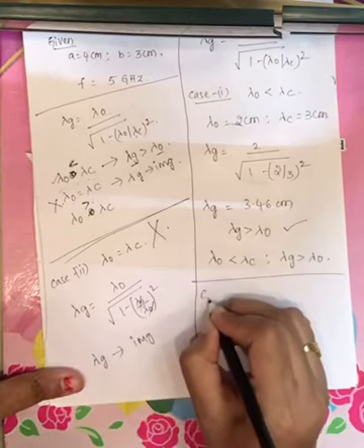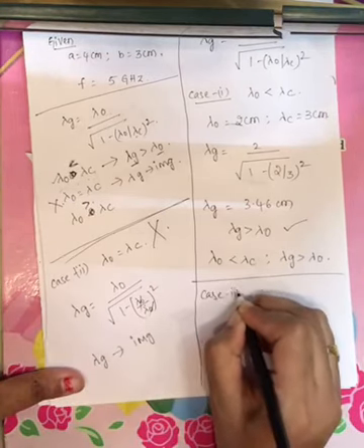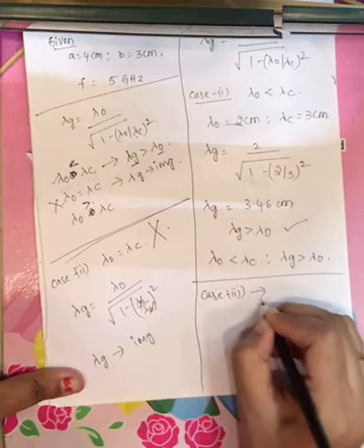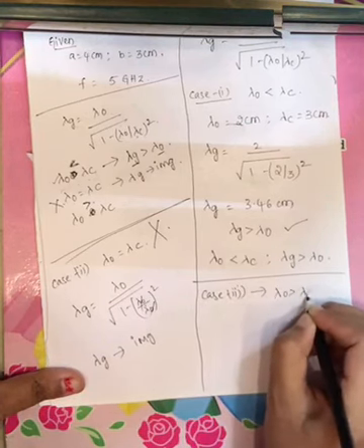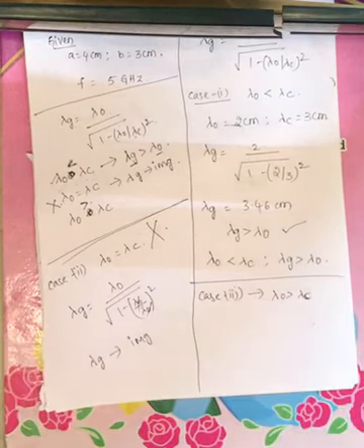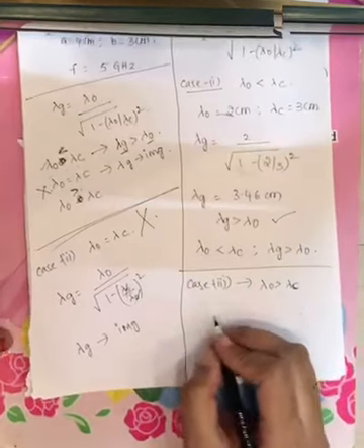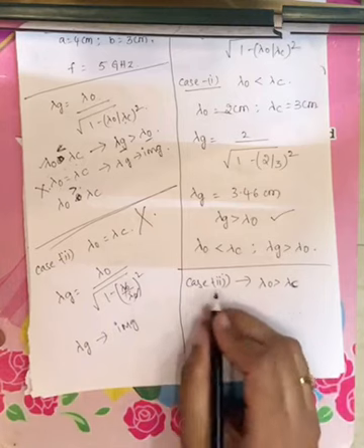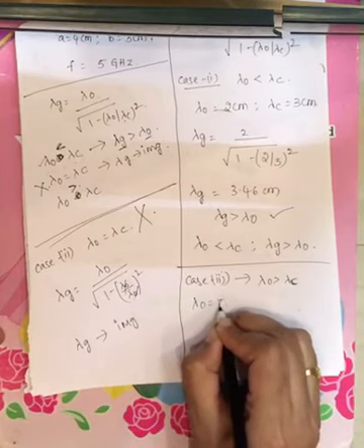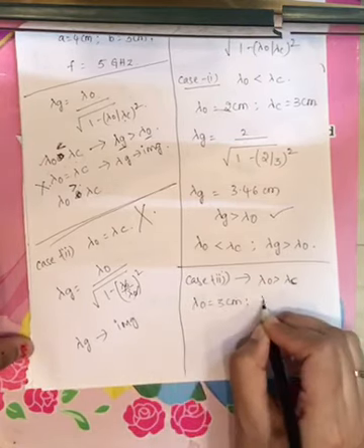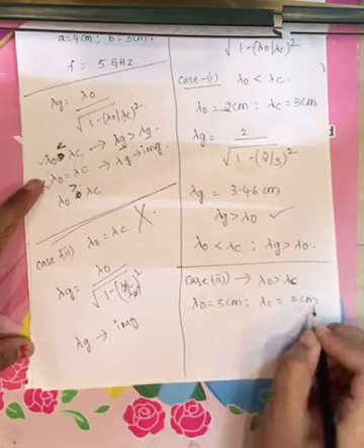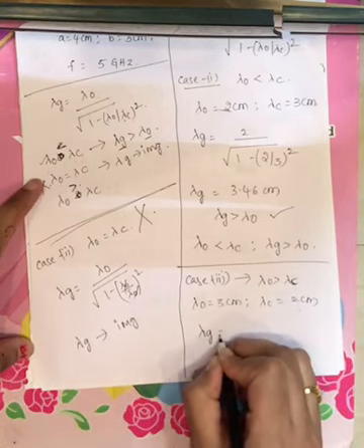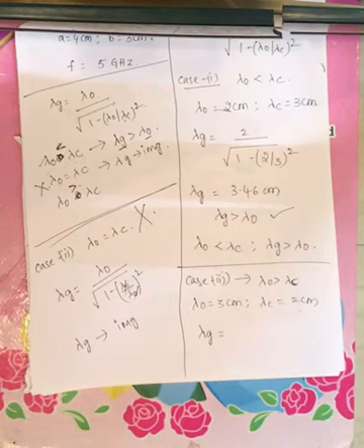Now coming to case 3, lambda naught greater than lambda c. Consider lambda naught as 3 centimeters and lambda c as 2 centimeters. Let me write the final value of lambda g after substituting in that formula.